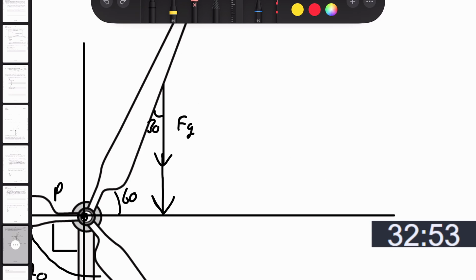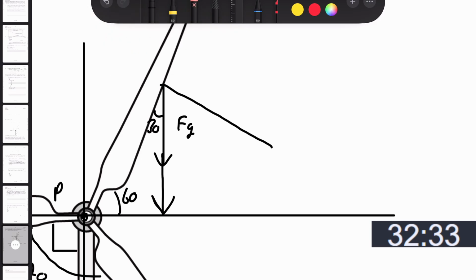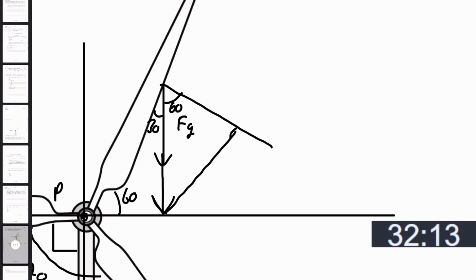Draw it like this, and you can say that this is a right angle triangle. Wait, I drew that parallel and did that. I do it like that, and since this has to be 90 degrees, this has to be 60. So then that's r times cosine 60 of Fg.